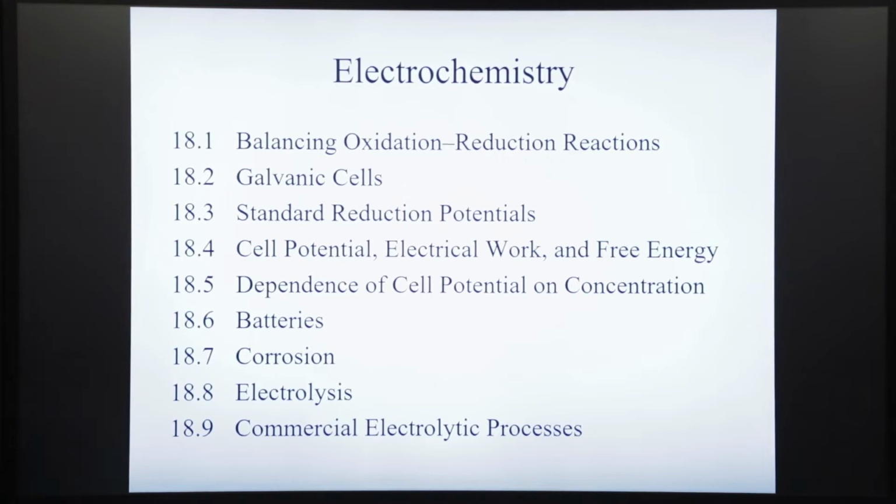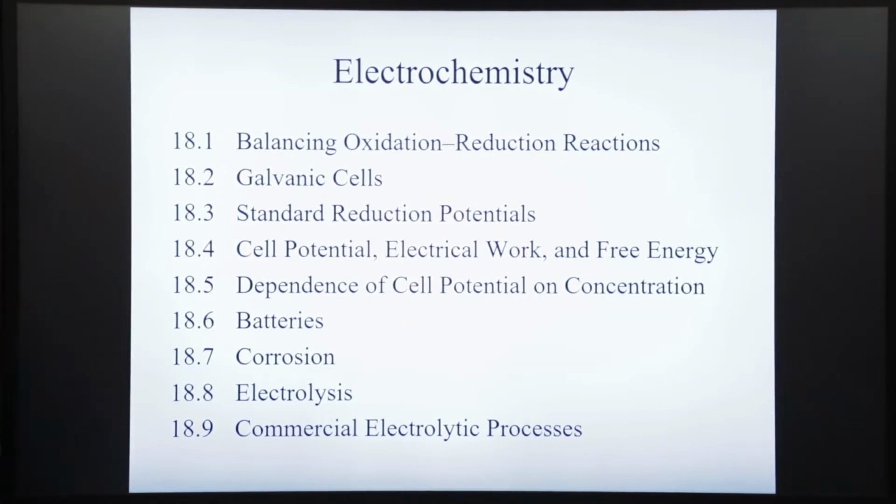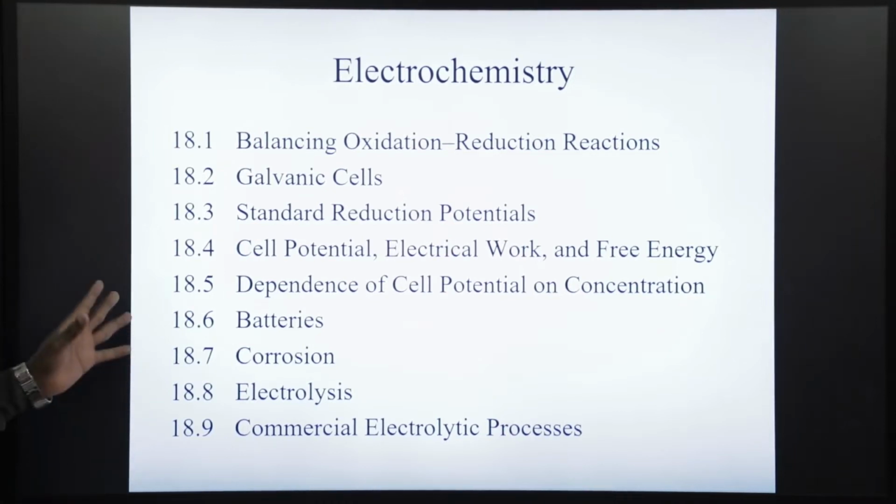Here we are talking of electrochemistry, and by the end of this section we are expected to know how to balance oxidation and reduction reactions, how to represent, interpret, and perform some calculations around galvanic cells, and show an understanding of standard reduction potentials, and also how to determine cell potentials, electrical work, and free energy, and also extend all that to the dependence of cell potential on concentration.